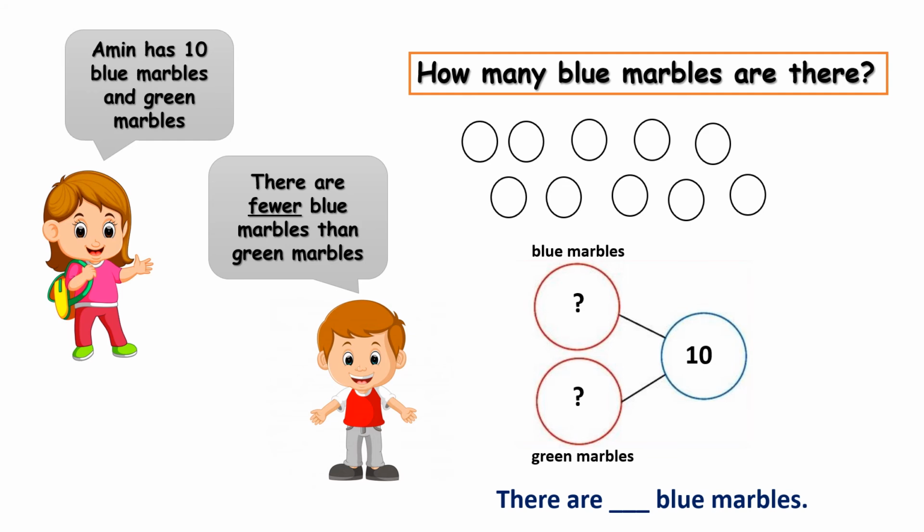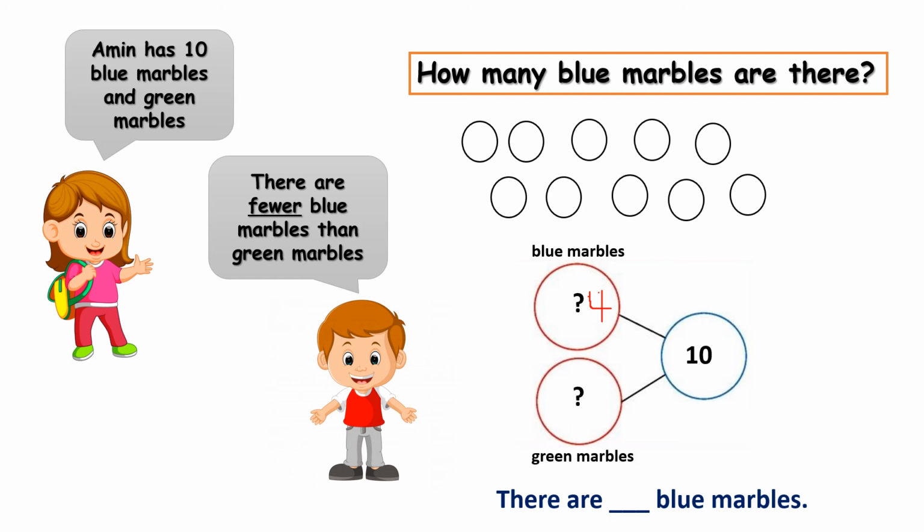Can we find another new way to make 10, whereby the blue marbles are fewer than the green marbles? Let's try. Just now we had 3 blue marbles here. Now we can try 4 blue marbles.